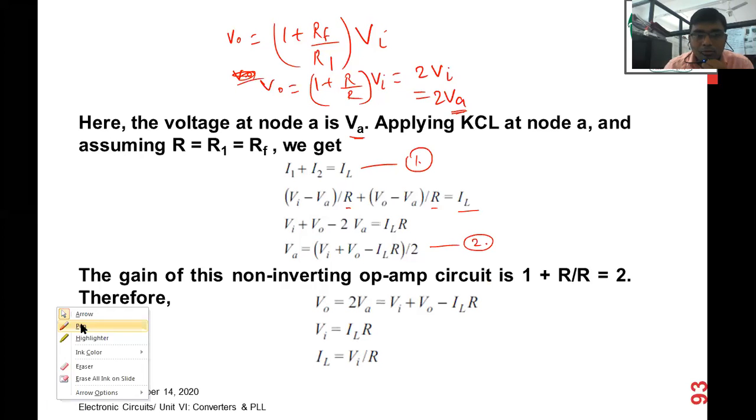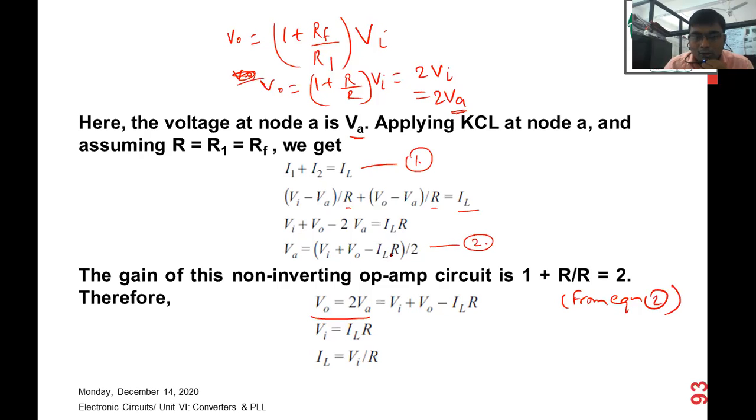If V0 is equal to 2 times VA, then from equation number 2, 2 times VA is equal to Vi plus V0 minus IL R. So V0 would be cancelled out.